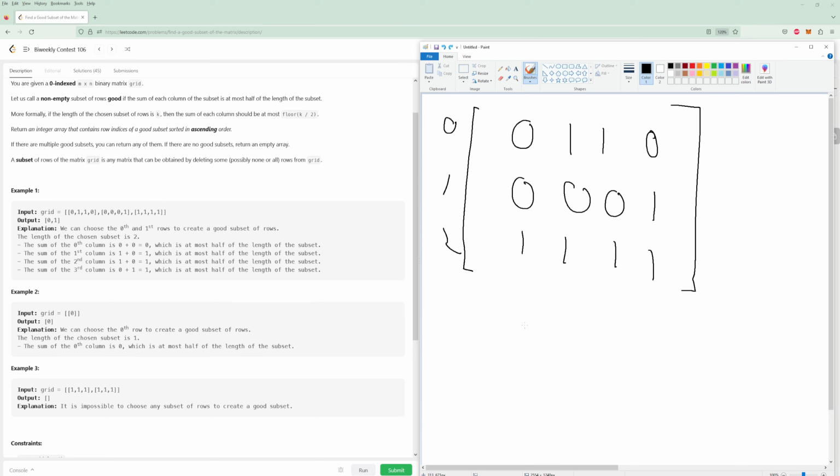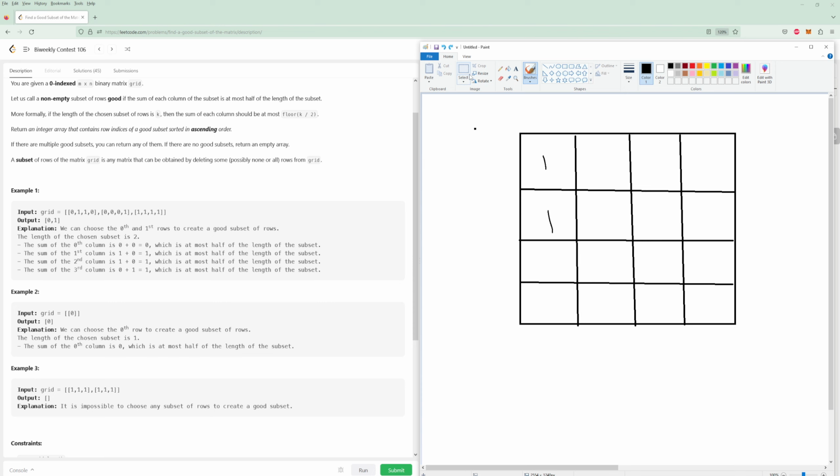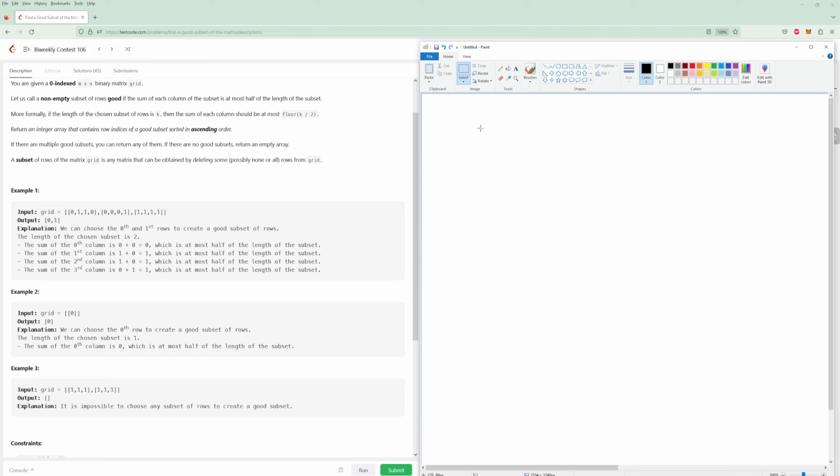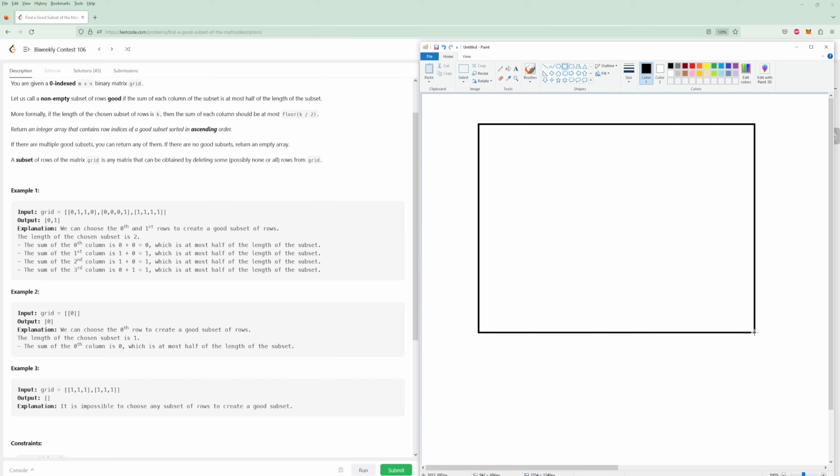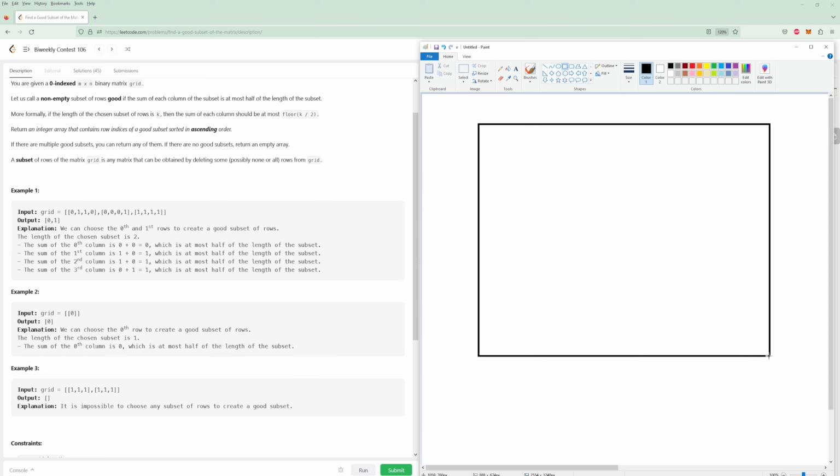So let's actually go down from the simplest solution to a more complicated solution. Let's delete all this. Now that we know the simplest solution, I'm just going to draw a matrix. Let's say we draw a 4 by 4. We can even draw a 5 by 5. Or yeah, let's draw a 5 by 4. That'll make it easier, and I'll show you why.